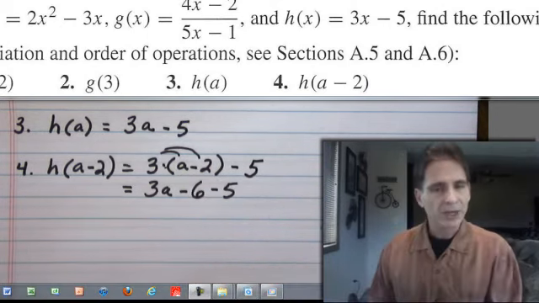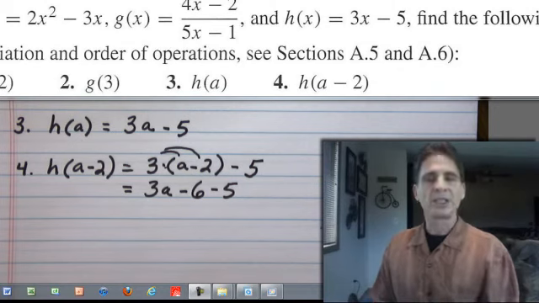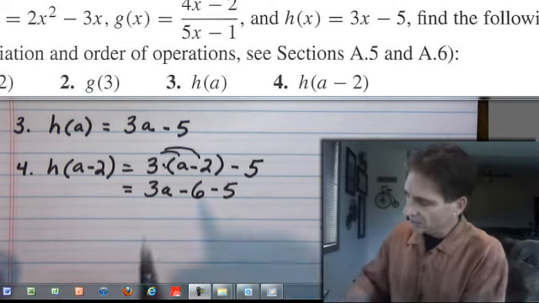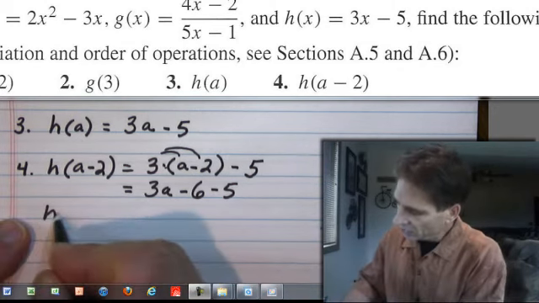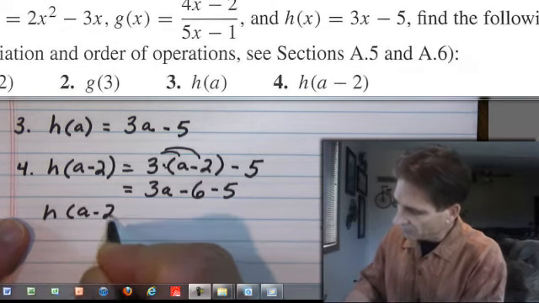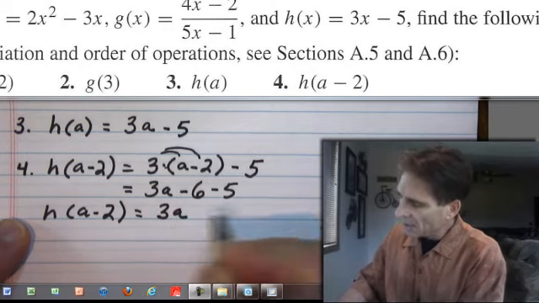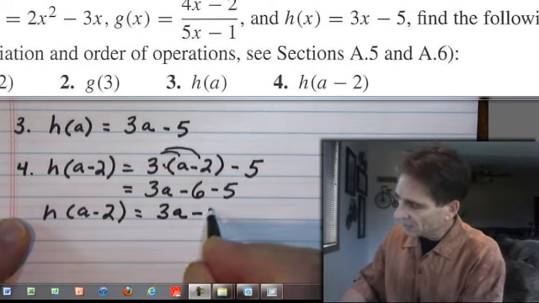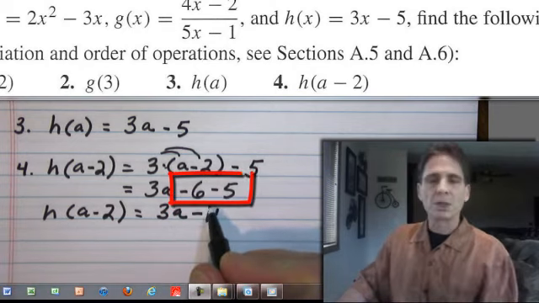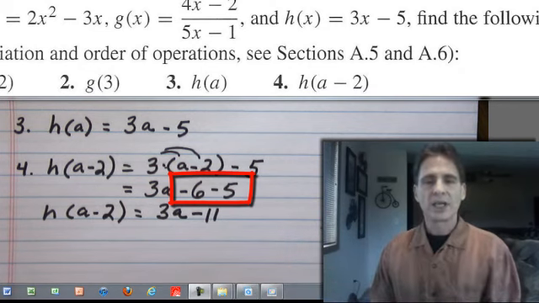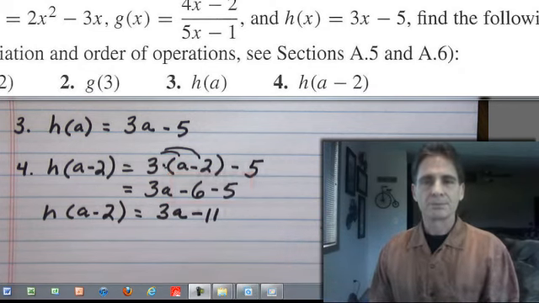I can do one more step. I can simplify by combining the negative 5 and the negative 6. So h of a minus 2, the final answer, will be 3a minus 11. And that just comes from combining the negative 6 and negative 5.